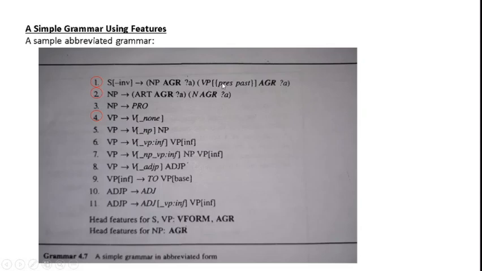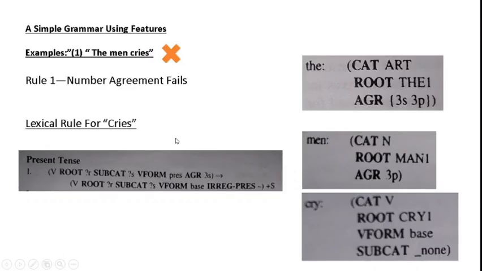Okay, so the sentence is supposed to have AGR value similar to VP and VForm value similar to VP. So we will see how we proceed. Actually, why this sentence is an improper sentence is that the number agreement constraint fails. Okay, so we will see how that happens.